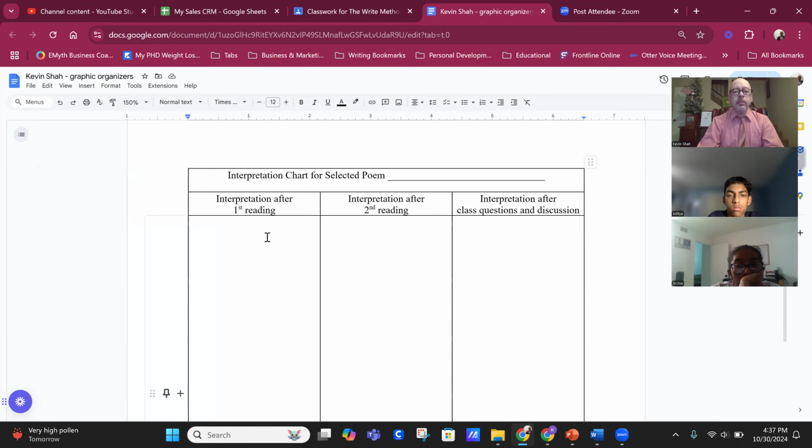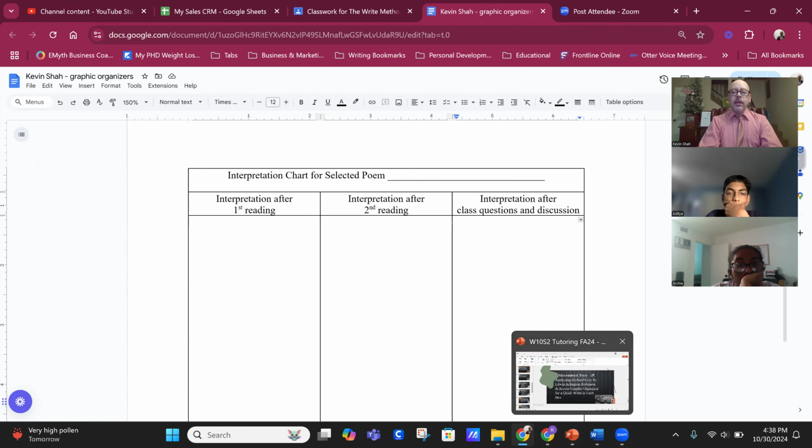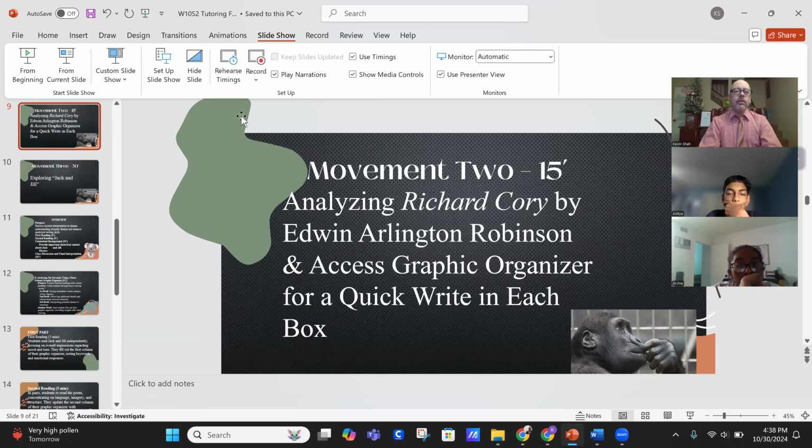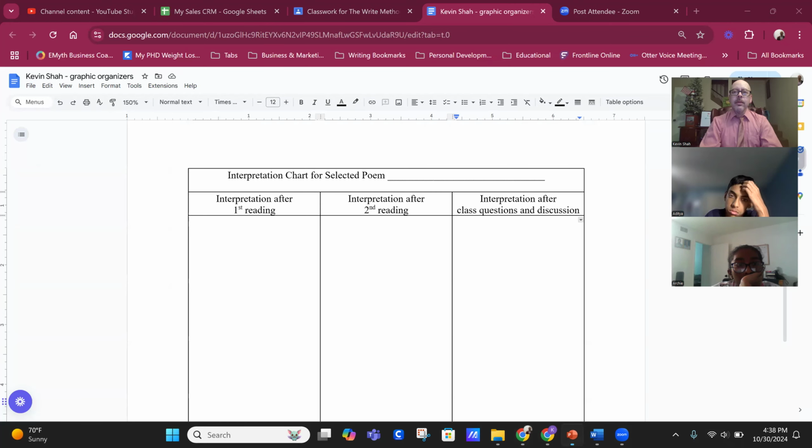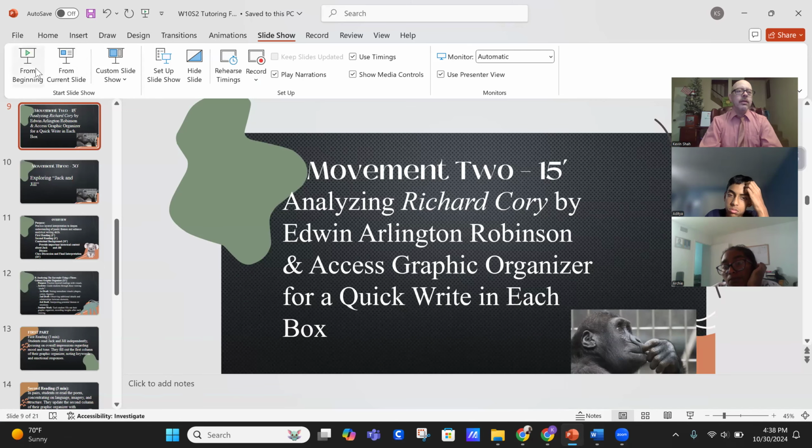Glorified note taking, but interpretation after first reading, interpretation after second reading, interpretation after class discussion, questions and discussion. Actually, we're going to work with the nursery rhyme, but I'm going to be giving you some information on this nursery rhyme. So it's going to be interesting to see what you come up with after each of these readings.